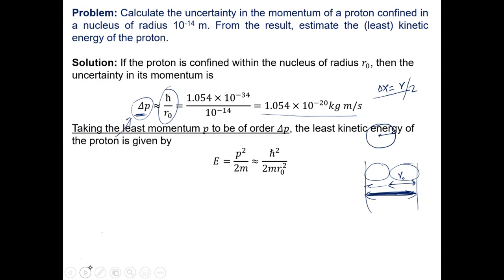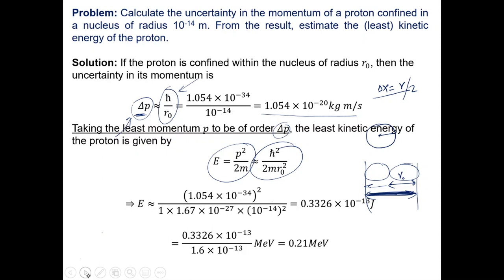Taking the least momentum P to be of the order of delta P, the least kinetic energy would be, as we know, E equals momentum squared divided by 2m, and we have already got this relation here. So you feed in the values and you get the number.